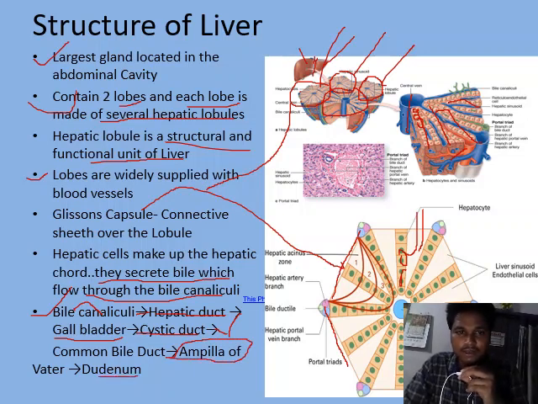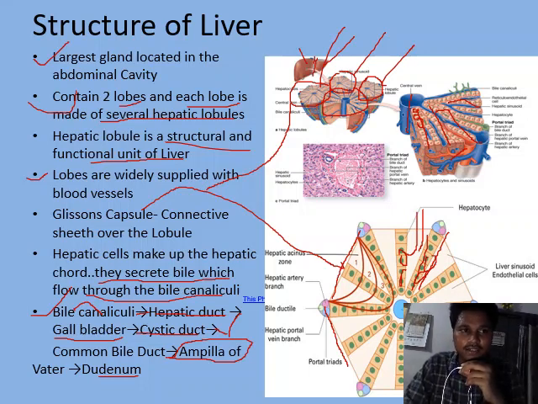Okay, so you must remember that a hepatic lobe is made of several hepatic lobules, and the hepatic lobule is the structural and functional unit of the liver, and each hepatic lobule is made of hepatic cords, and hepatic cords contain hepatic cells, and these hepatic cells secrete the bile juice.